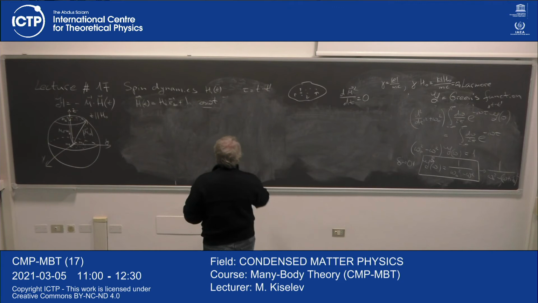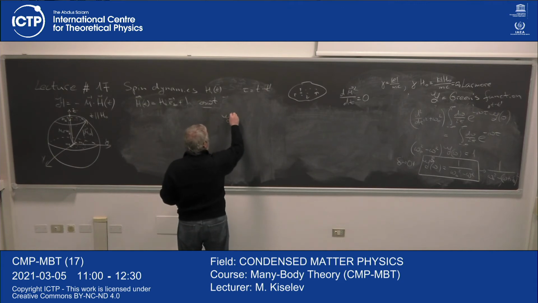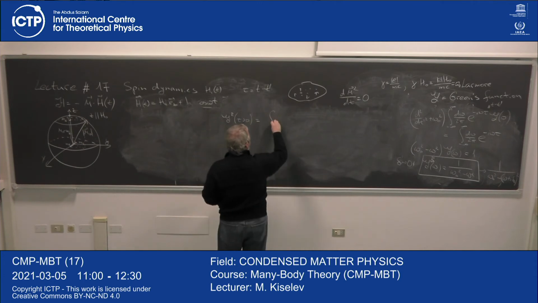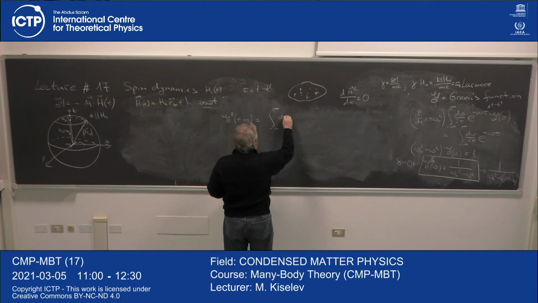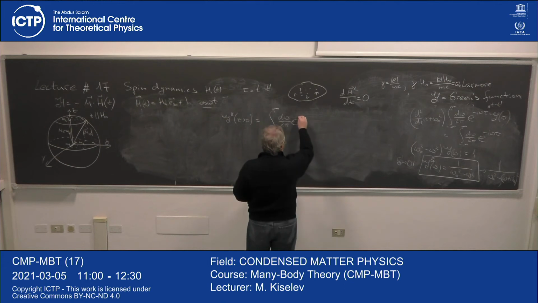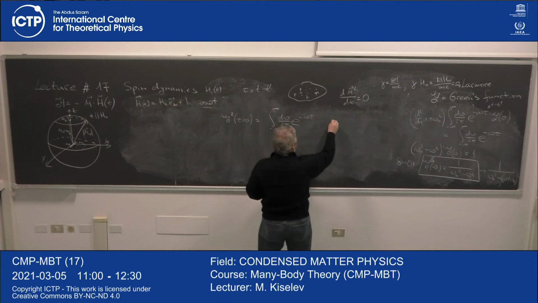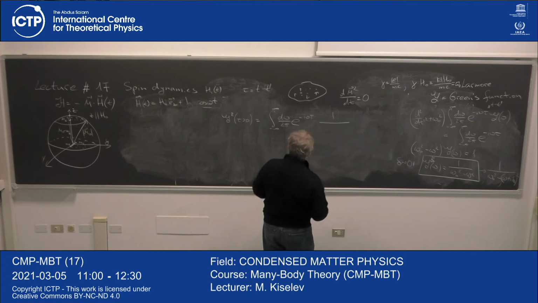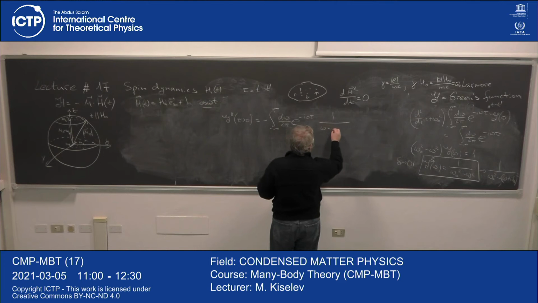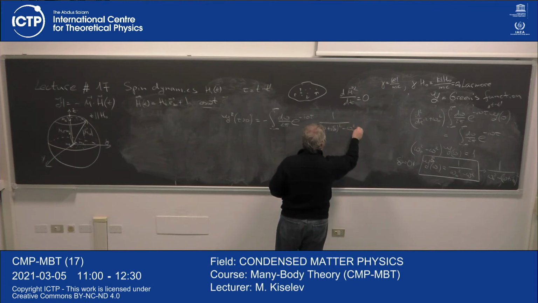So, if we have G R of tau with tau positive, this is the integral from minus infinity to infinity d omega over 2 pi i, e to the power minus i omega tau, and here omega minus omega plus i delta square minus omega naught square.